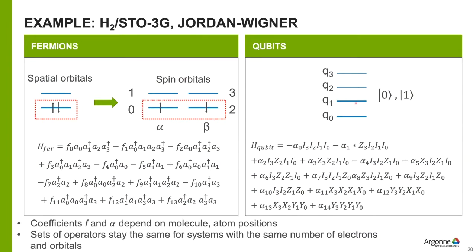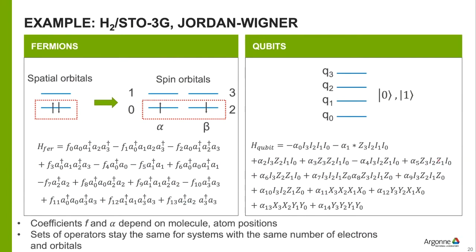You can directly map them onto the qubits 0, 1, 2, 3. So the fermionic Hamiltonian for the hydrogen molecule with minimal basis set using the Jordan-Wigner transform has these terms where each of them has these creation and annihilation operators and some coefficient that depends on the molecule and atomic positions.